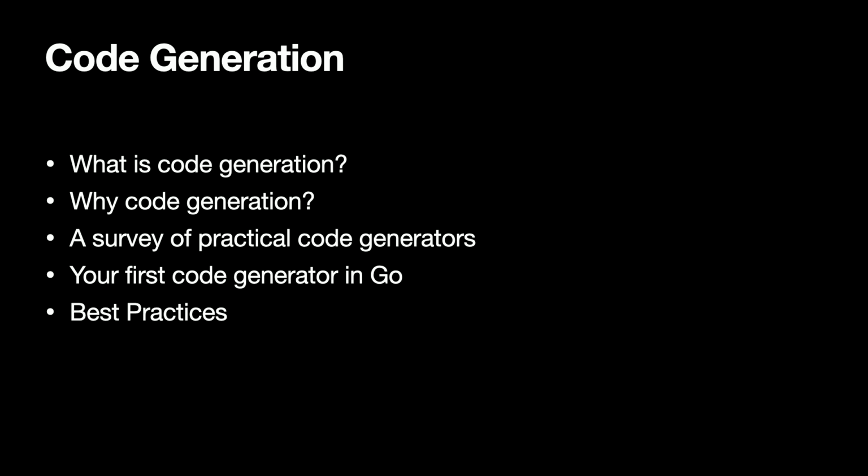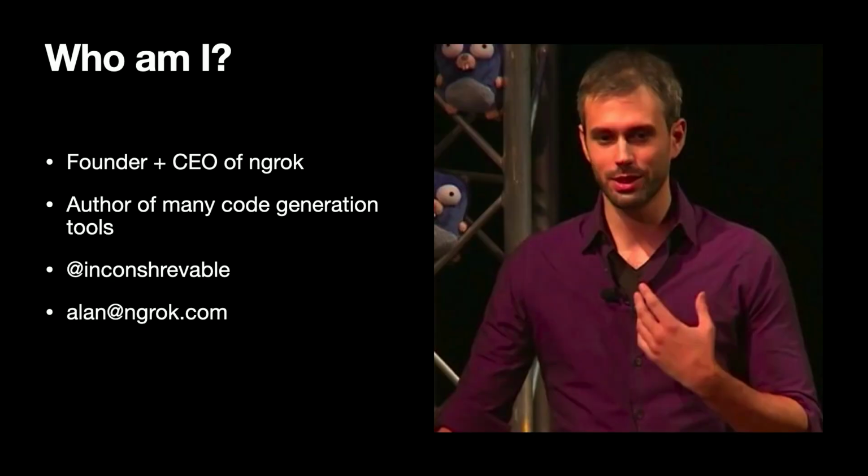We'll also jump out a little bit and survey some of the other ecosystems as well, and code generators that expand beyond Go. Then we'll work on actually writing a code generator together, and we'll wrap up by going through some best practices here. So let's talk a little bit about what code generation is.